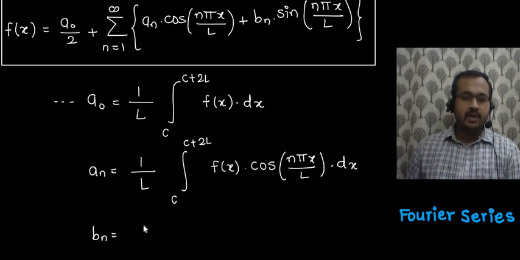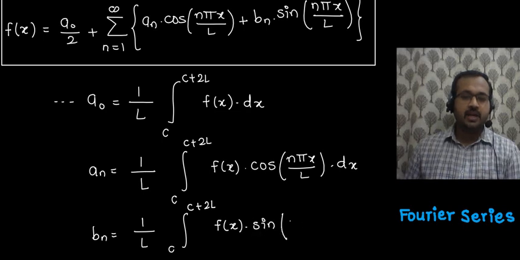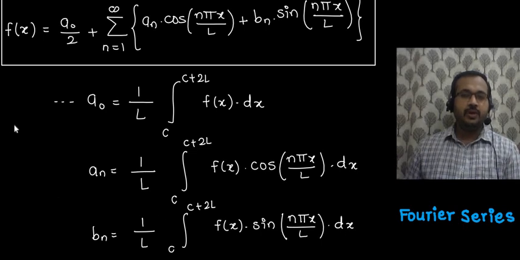Similarly, bn can be evaluated by 1 upon L integration c to c plus 2L of the function f of x multiplied by sin n pi x upon L, with respect to x. So this is the general case to find the Fourier series of a function when the period is 2L and the interval is c to c plus 2L, where the length of the interval is 2L.